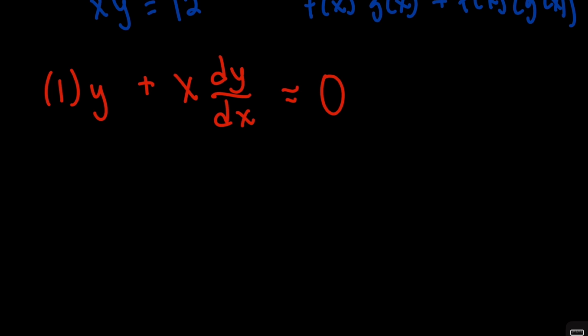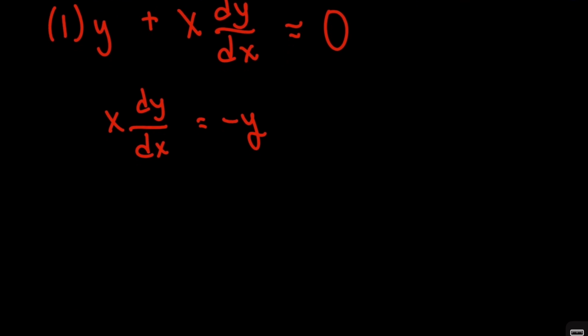And now you just isolate the dy dx. So you subtract the y, so you get x dy dx equals negative y. Divide by x, you get dy dx equals negative y over x. And that's your final answer. And this also works for the quotient rule, and sometimes you can also use this on the chain rule.